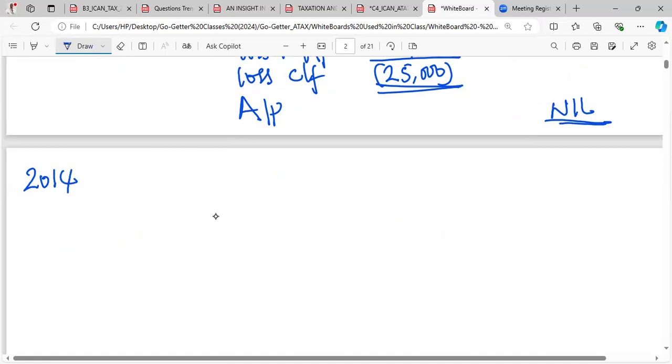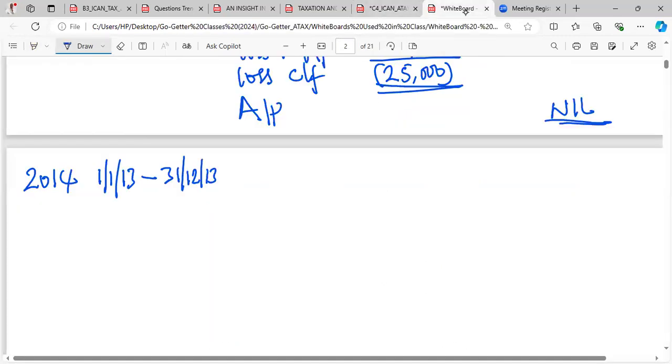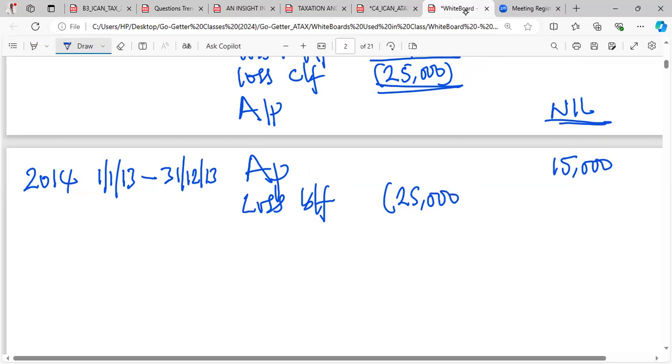2014 year of assessment. That will be from January 1, 2013 to 31st December 2013. What were we given? For 2013, we have 15,000. So your assessable profit is 15,000. All right? So you have loss brought forward 25,000.